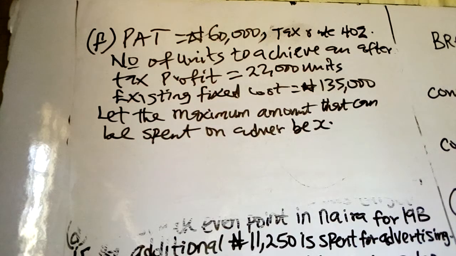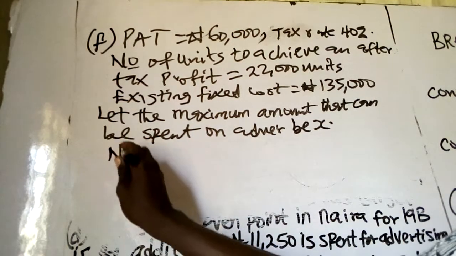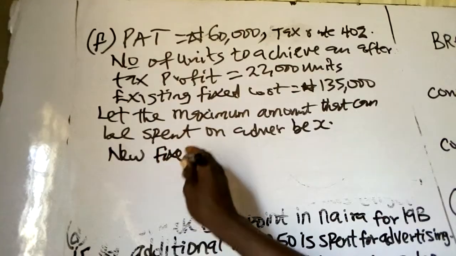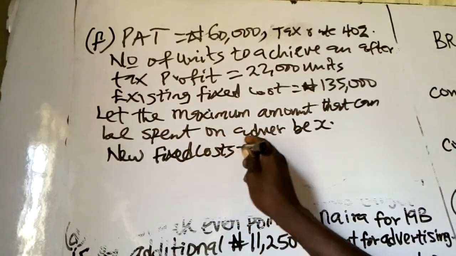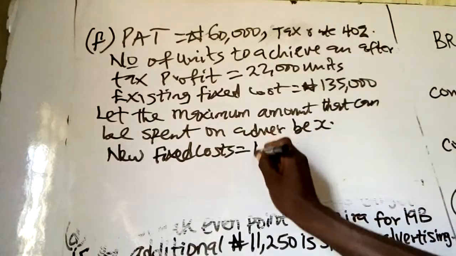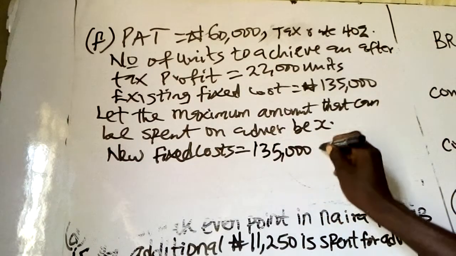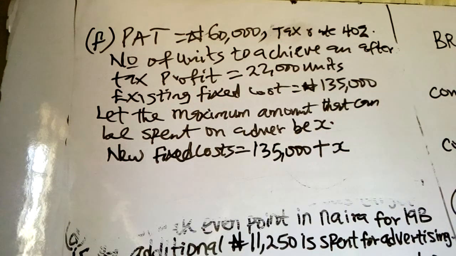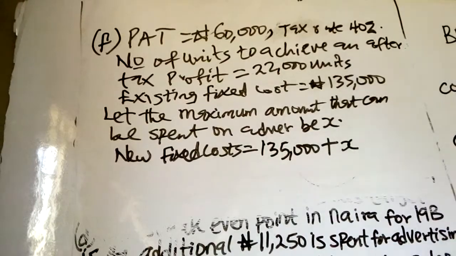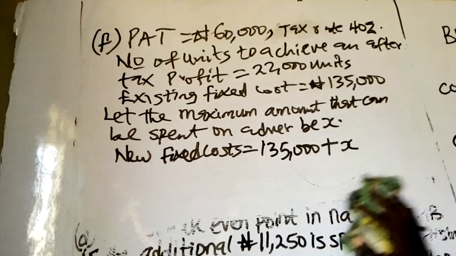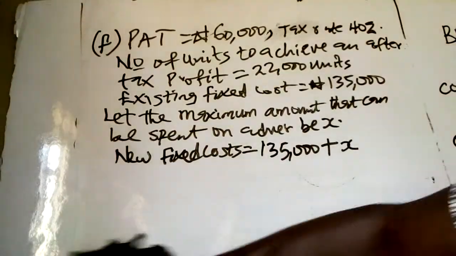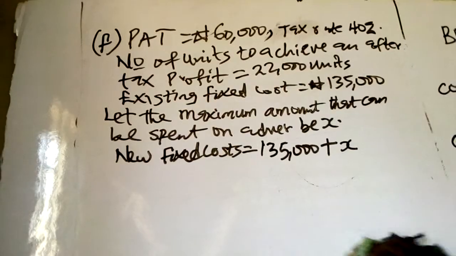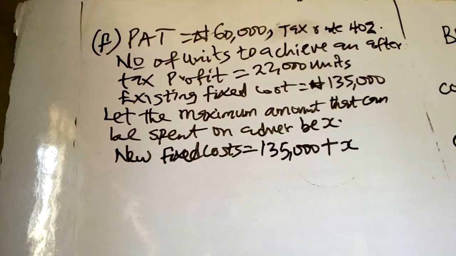And remember, advertising is part of the fixed cost. That means our new fixed cost will now be the existing one, which is 135,000, plus advertising expenses of X. That is what we have to calculate. So you want to look for the value of X. You have been given the number of units to achieve an after-tax profit.